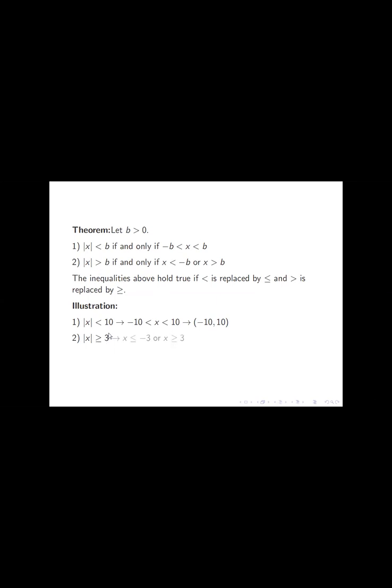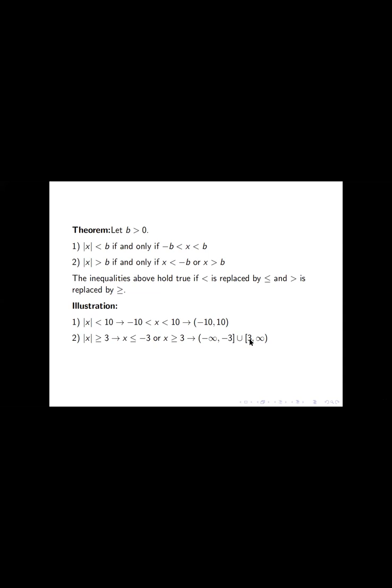To write that, it's either to the left of negative 3 or to the right of positive 3, but not inside. Or in interval form, x should be in the interval negative infinity to negative 3, or the interval 3 to infinity, including the endpoints.